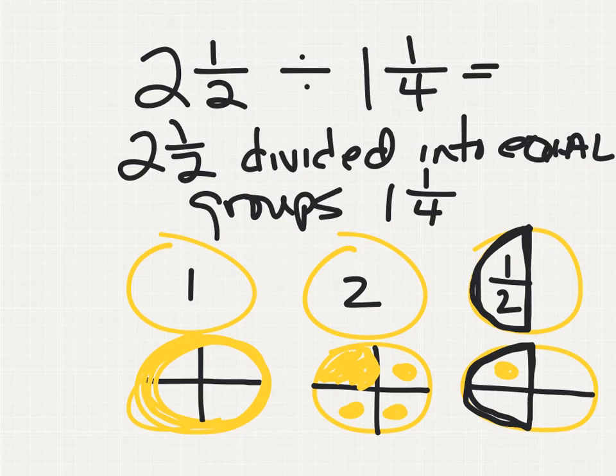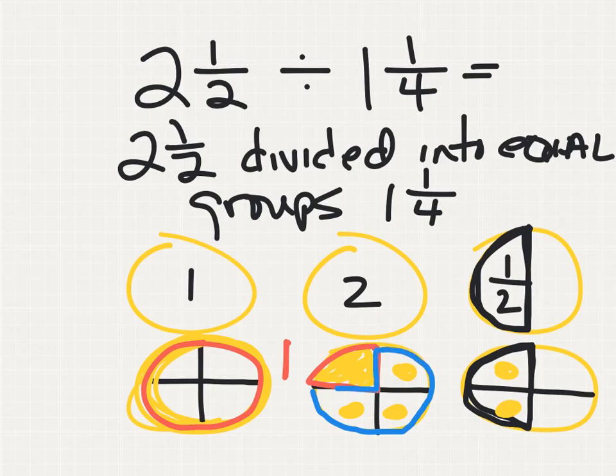I need 1 1/4. So I also need this piece here. So that I end up with this and this making one group of 1 1/4. And these pieces and this piece make 1, and here's 1/4 for 2 groups.